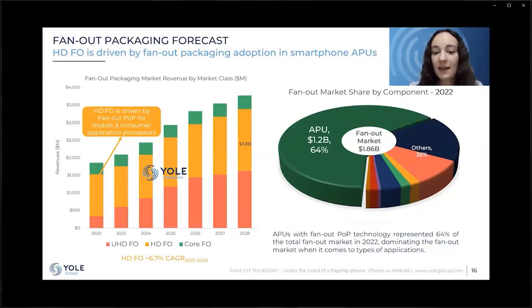So we can say that high density fan-out and APU component type corresponds to 64% of the total fan-out market in 2022. And we expect that this high-density fan-out market, which is mainly driven by smartphone APU in particular, will grow at a 6.7% CAGR between 2022 and 2028, reaching around 1.8 billion in revenues in 2028.